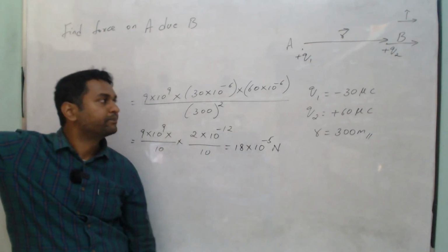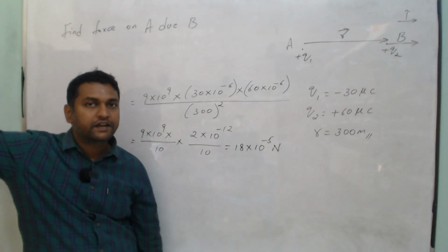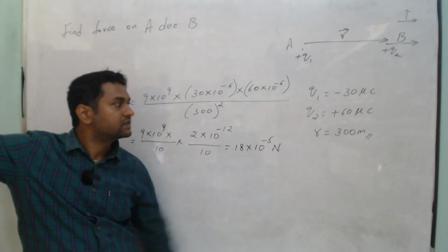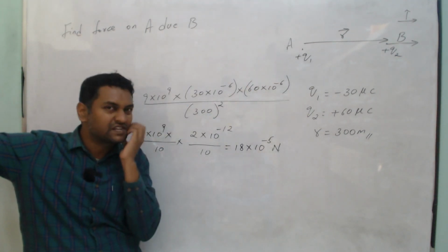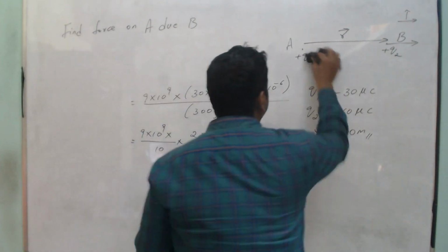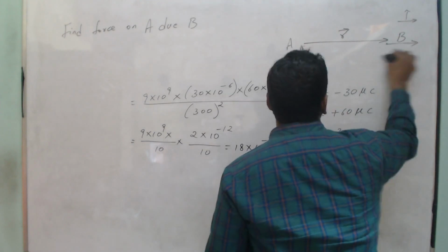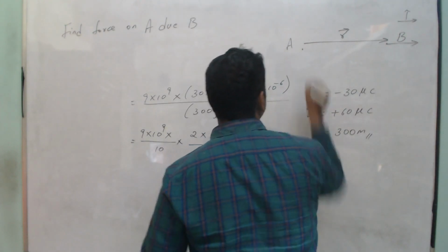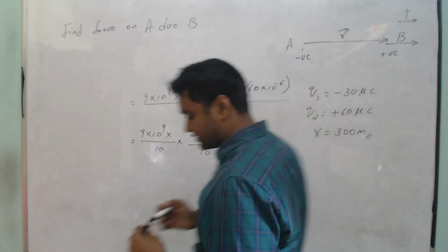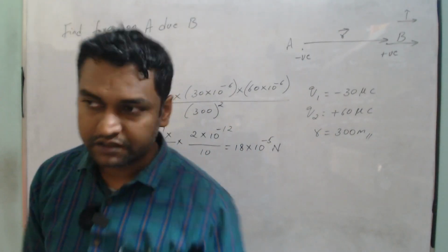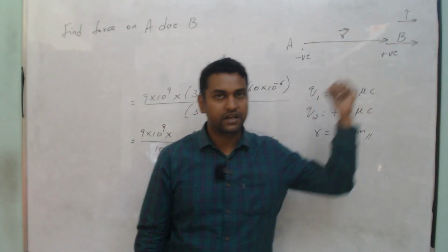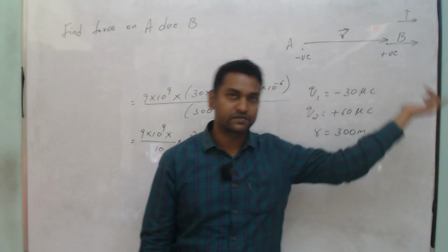Now I want to understand the direction part of it. What I have done is taken the left one as the negative charge and the right one as the positive charge. Unlike charges attract each other, correct? So the negative charge is pulling the positive charge and the positive charge is pulling the negative charge.